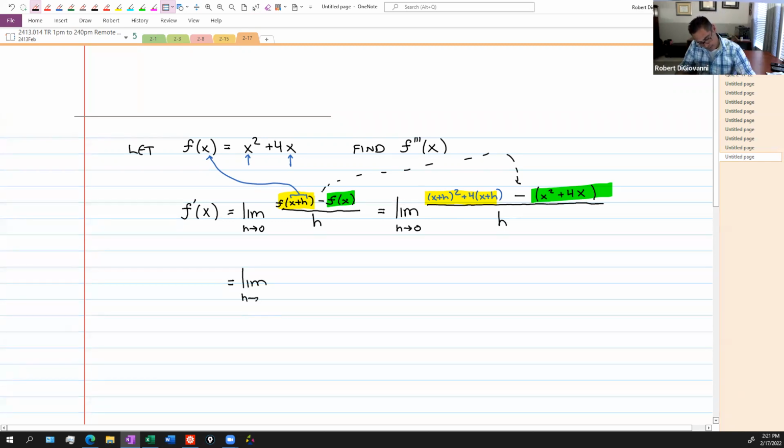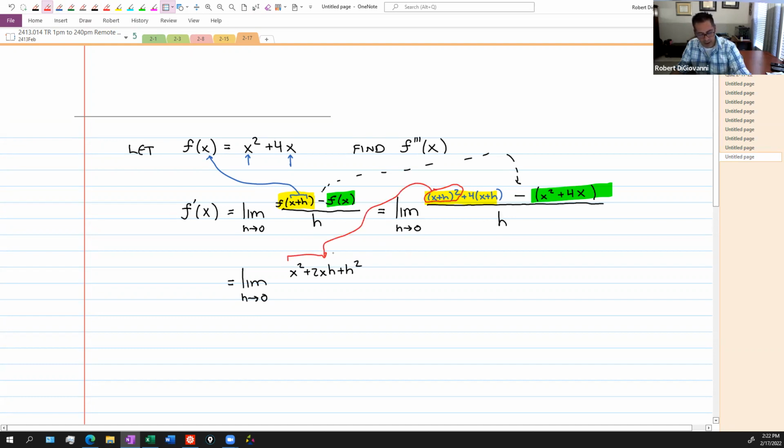Limit as h goes to 0. Now it's just a bunch of algebra. So I'm going to expand x plus h squared, which will be x squared plus 2xh plus h squared. I'm not showing that step, everyone. This expansion of x plus h squared is this.